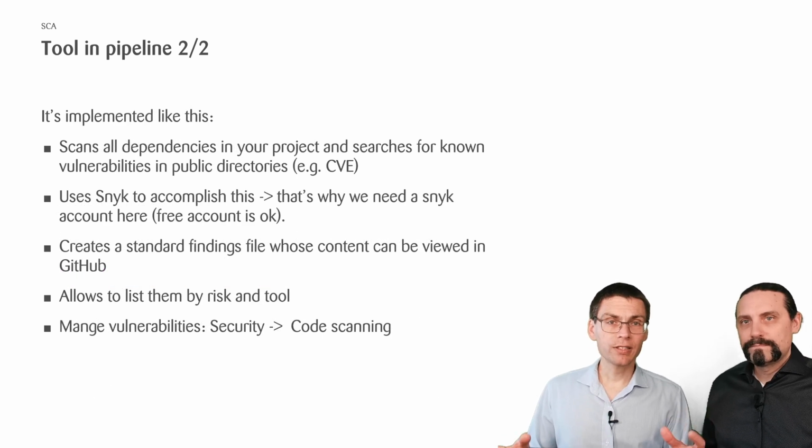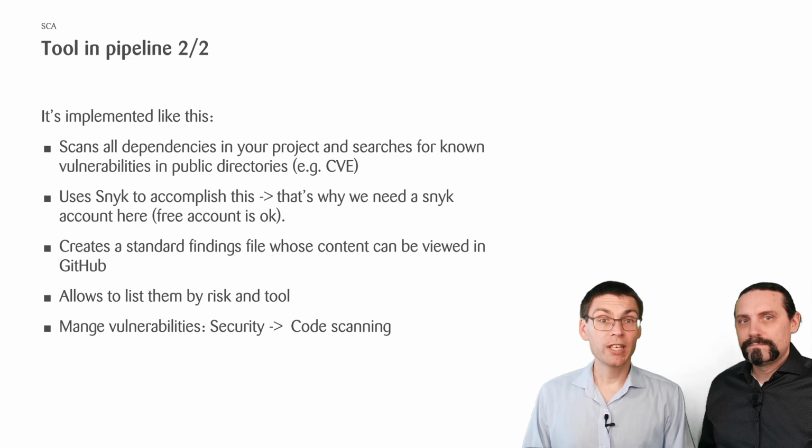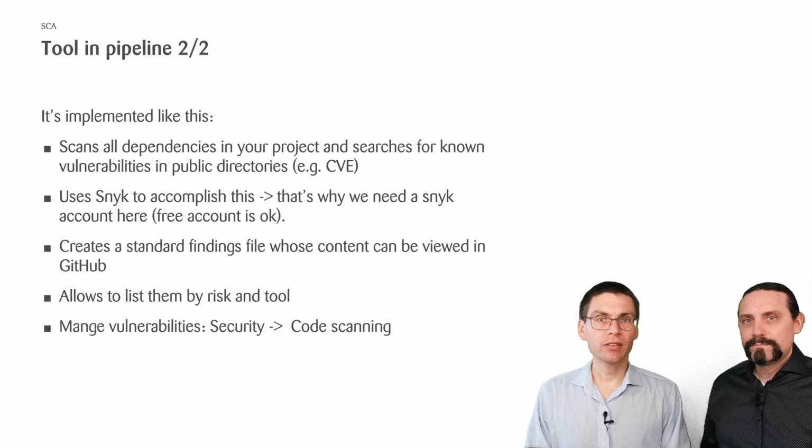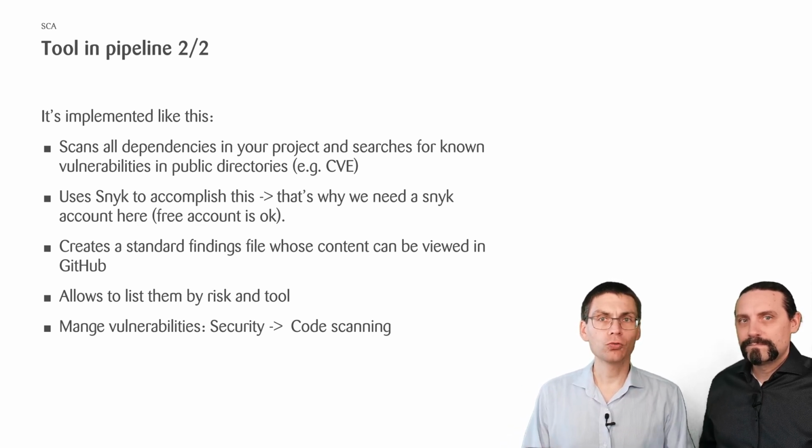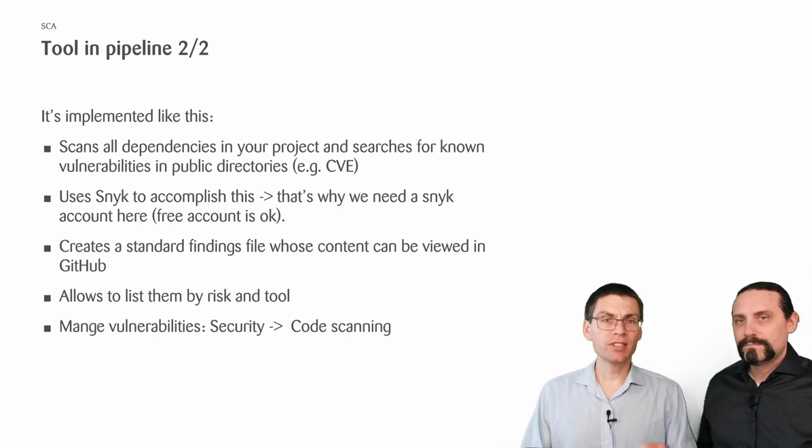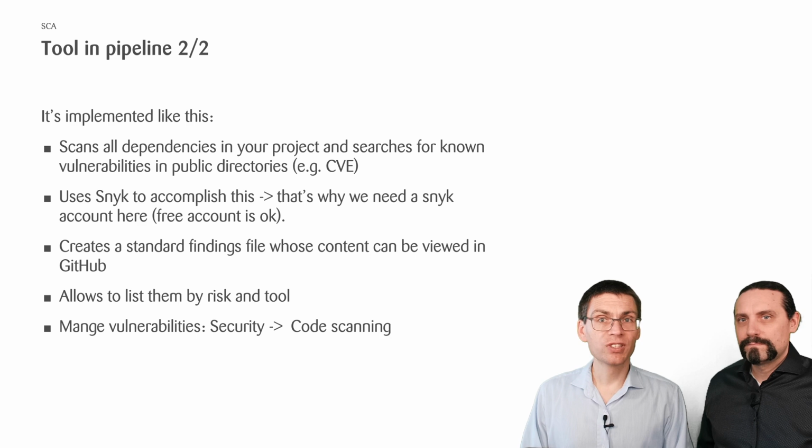Having done all this, this is what we get. The tool will scan all our dependencies in our own project and search for known vulnerabilities in public directories. It uses the security tool Snyk to accomplish most of this.